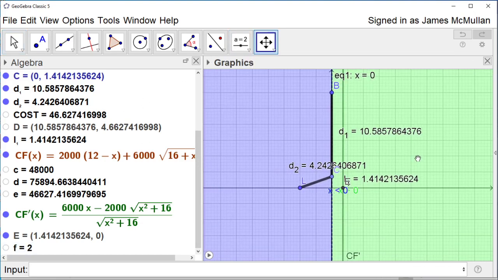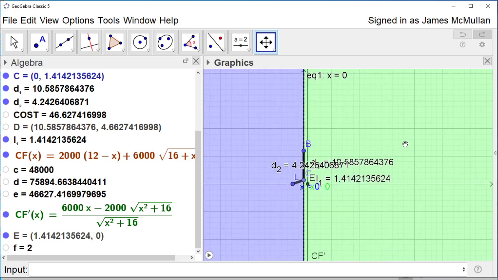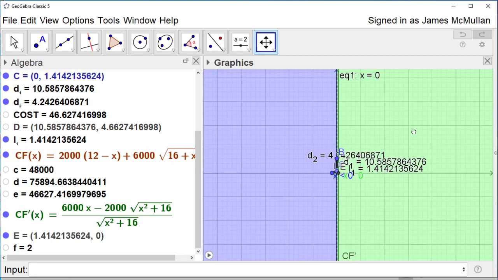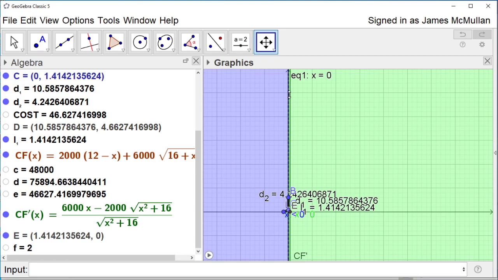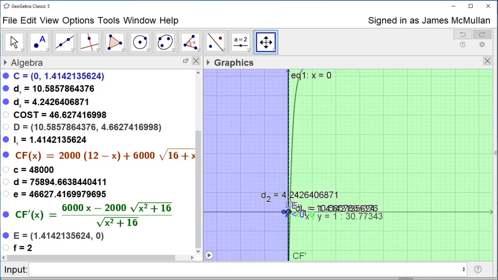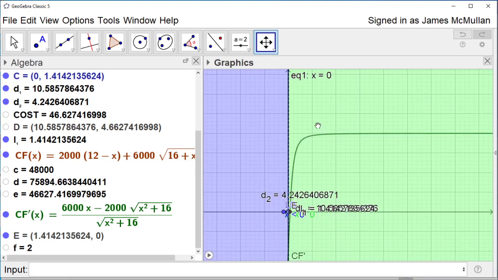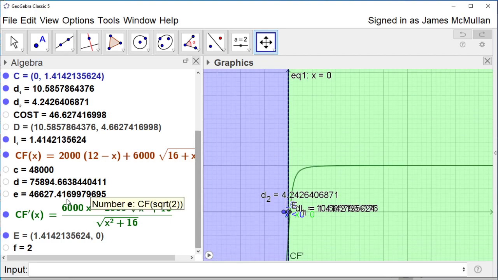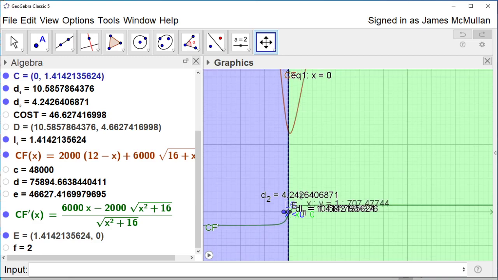Now again, let's just look at the function that it drew for a sec. The cost is really, really high because, so there's the derivative. The cost function itself is even much higher than that.